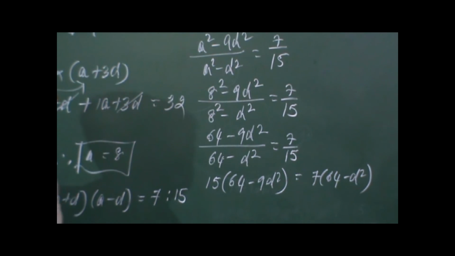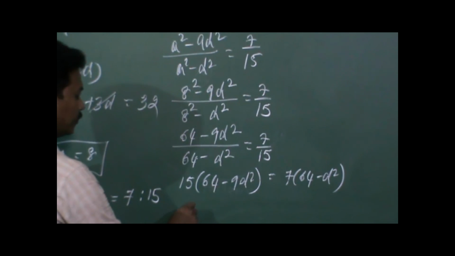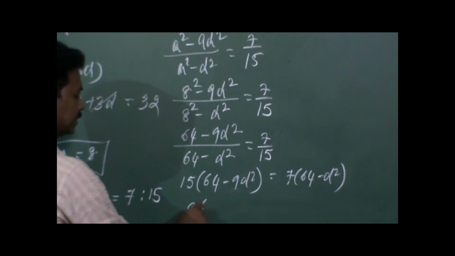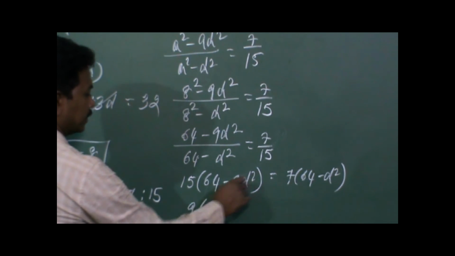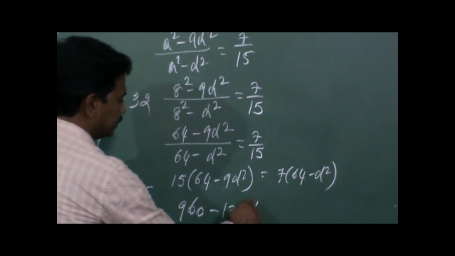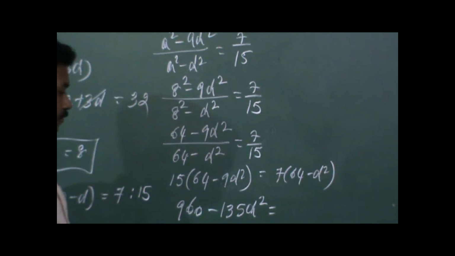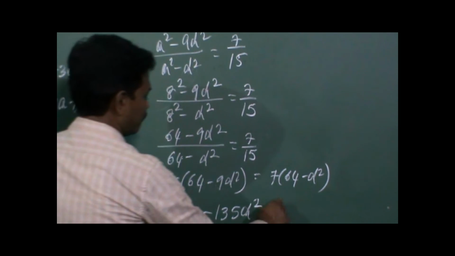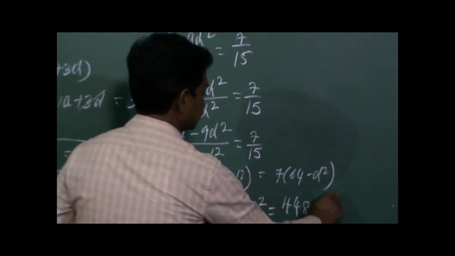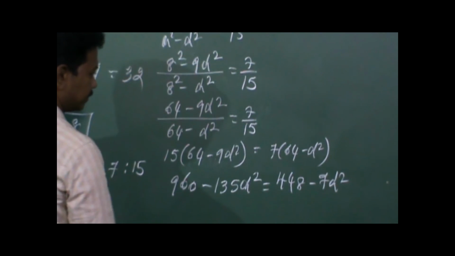So 15 into 64 comes to 960, minus 15 into 9d square is 135 d square, is equal to 7 into 64, which comes to 448, minus 7d square. So I'll transpose the terms.